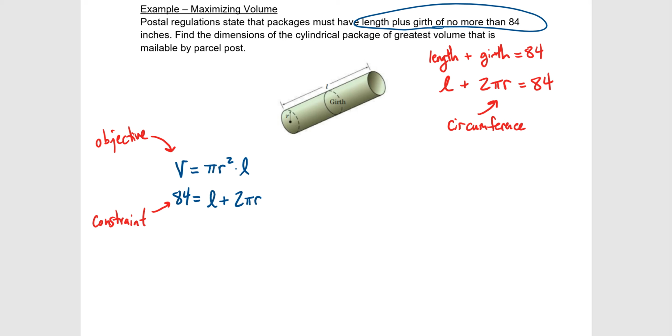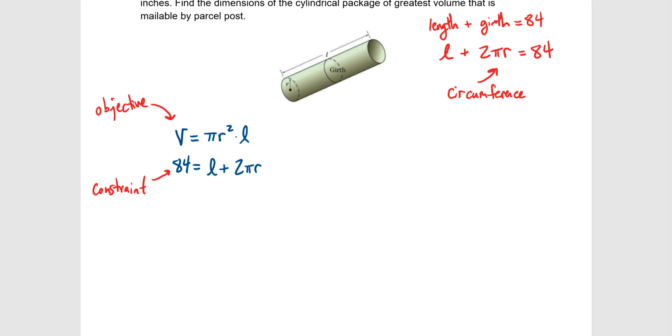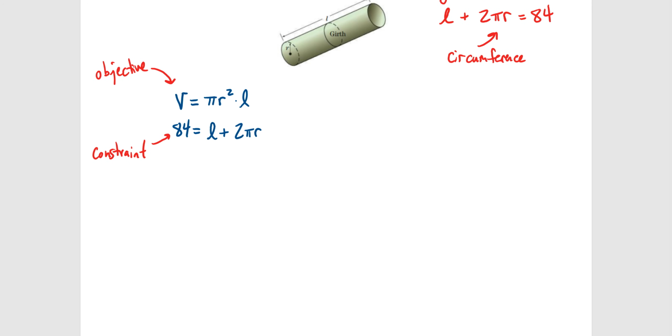So there we go. There's our two equations, two variables. Now we need to solve for one of the variables from the constraint equation and plug it in the objective equation, take the derivative, set it equal to 0. So I think it's going to be easiest to solve for L from the constraint, and hopefully you agree, because all we have to do is subtract 2 pi r to the other side.